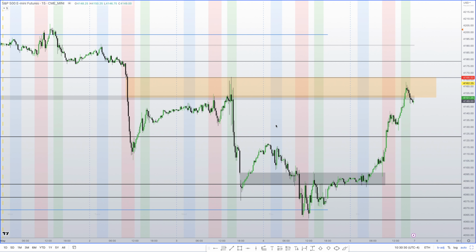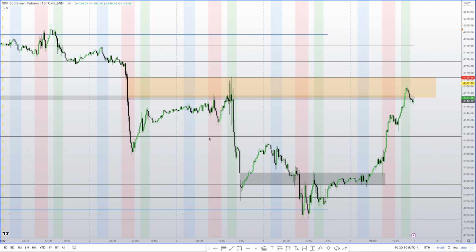So first with FOMC, if we know that this is most likely the target. So this is Wednesday, this dotted line and this dotted line. Between that is Wednesday. After seeing Tuesday, there's a good chance that it's probably reaching for this sell side liquidity, right?